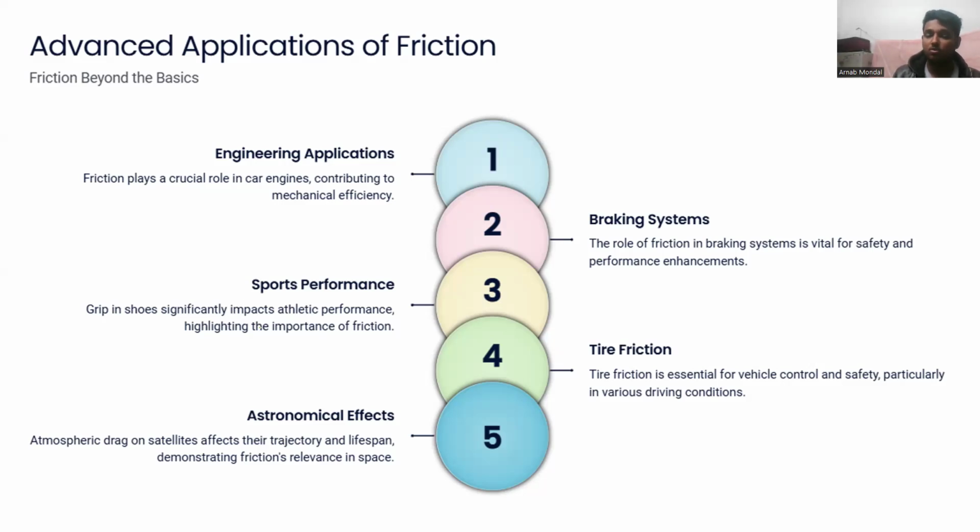Sports performance: in sports, if there is no friction then the player might slip. So there should be friction with the ground. Tire friction: to move on the road, there should be friction on the road. Without it, the truck or the car will not move forward. Astronomical effect: atmospheric drag on a satellite affects its trajectory and lifespan, demonstrating friction's relevance in space. Okay.